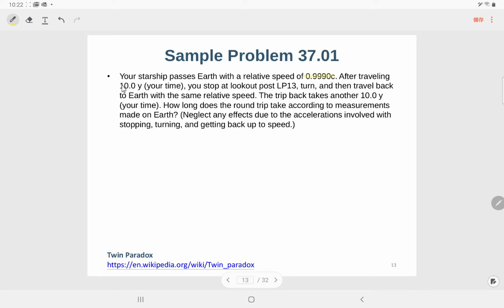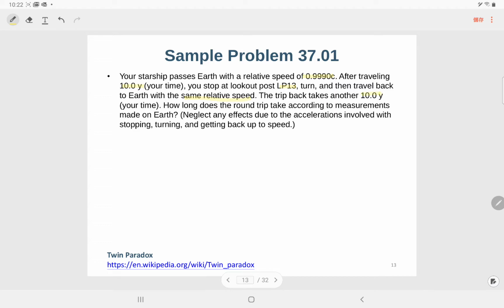After traveling 10 years, you stop at lookout post LP13, turn, and then travel back to Earth with the same relative speed. The trip back takes another 10 years.